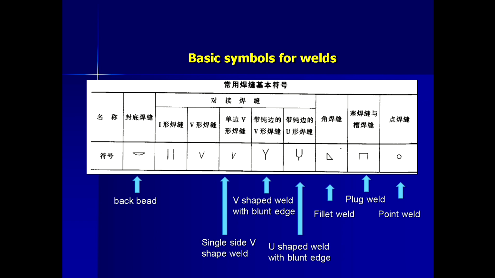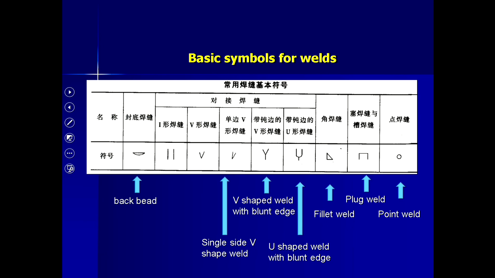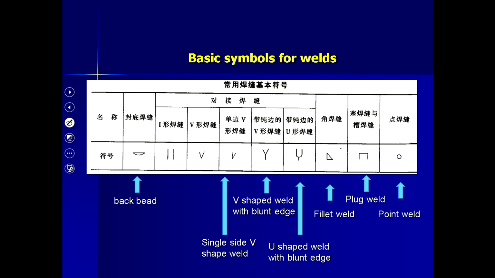The back hand for the welding is like this shape. The I-shape welding, the V-shape, single side V-shape welding, and the V-shape welding with blunt edge, and also the U-shape welding. The fillet weld, normally used, is the point weld.